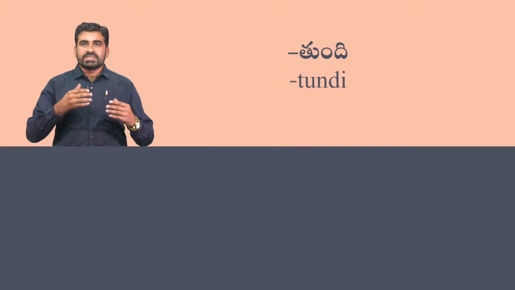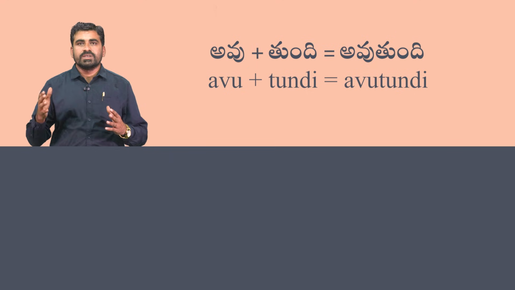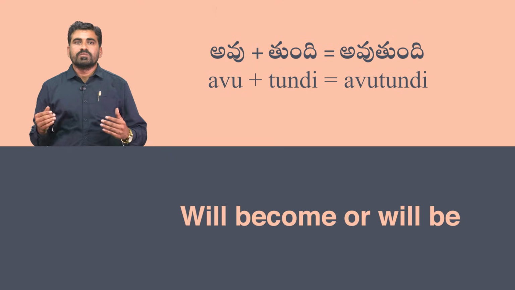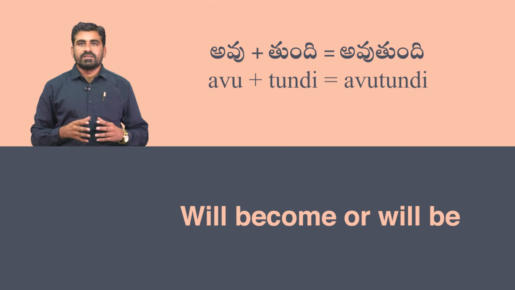The future tense is formed by adding the suffix tundi to the stem, resulting in avu plus tundi, avutundi, which conveys that the journey will become or will be cultural and historical.